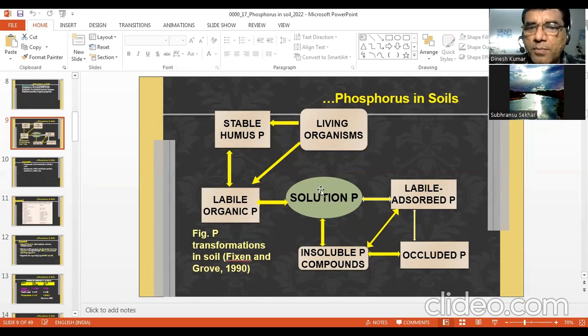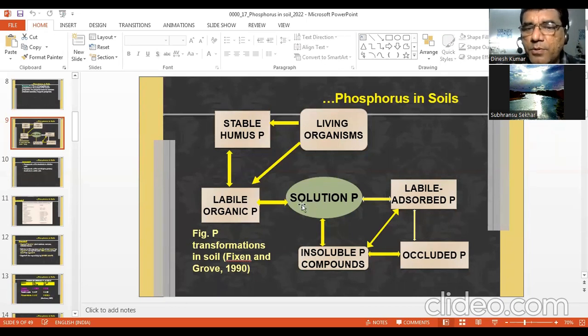Now the question comes, when plants take up phosphorus, from where will it be buffered? It will be replenished. Labile adsorbed phosphorus can come to solution phosphorus, or labile organic phosphorus may also come to the soil solution, and it can also become insoluble. So they are actually in equilibrium. All these kinds of phosphorus are in equilibrium.